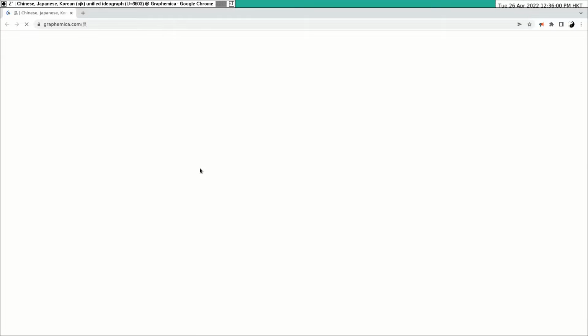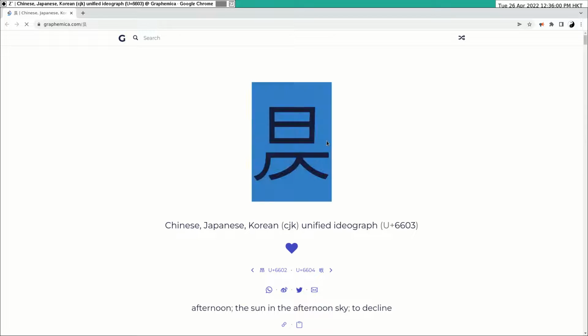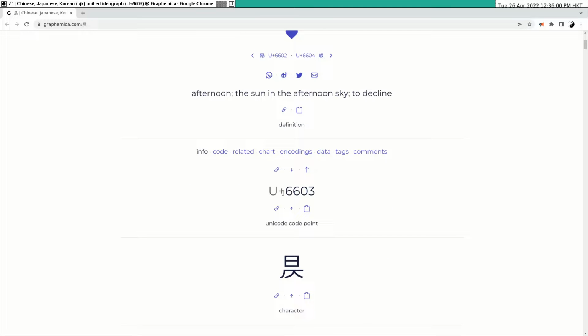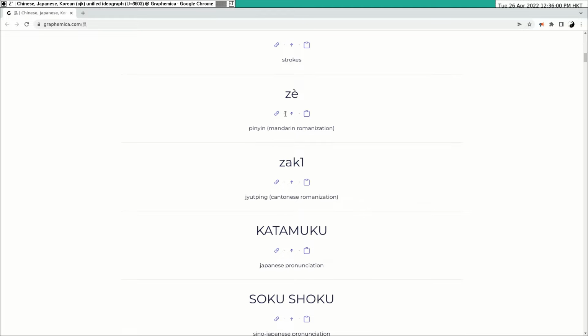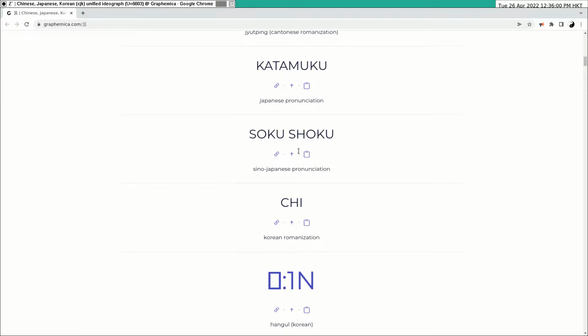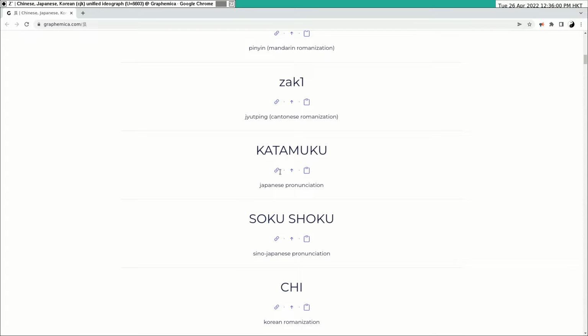That's a standard form, the Unicode, Mandarin romanization, Cantonese, duck, duck. Okay.